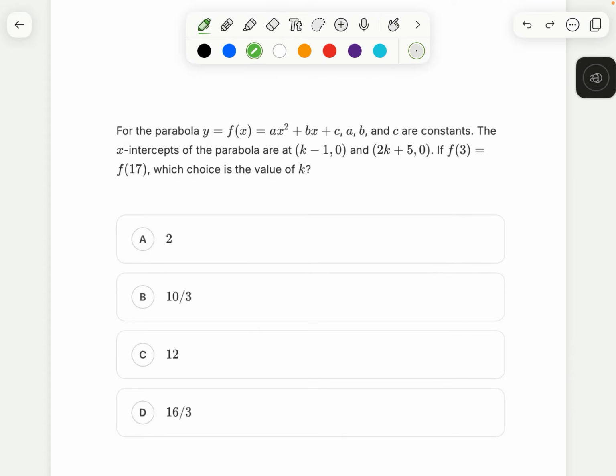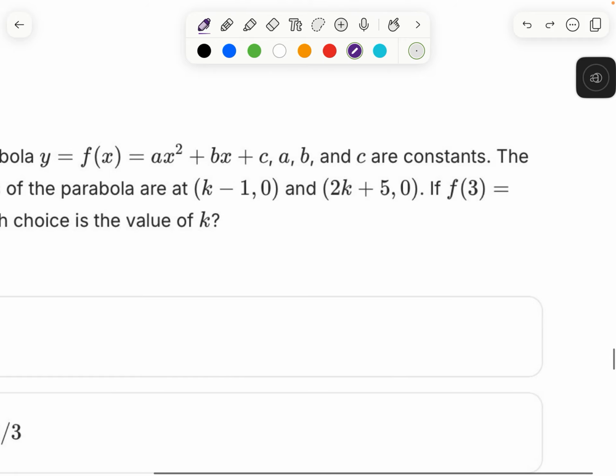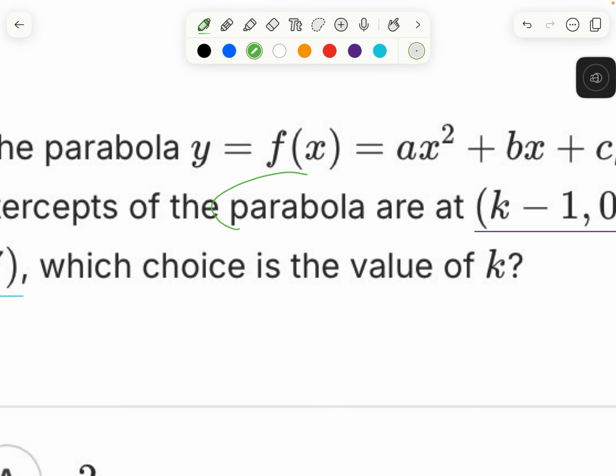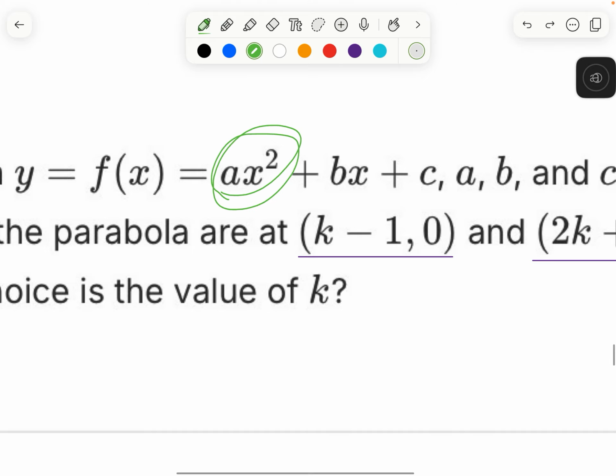Okay, so right away, a few things to look at. They give us the x-intercepts, k minus 1 and 2k plus 5. And they also tell us that f of 3 equals f of 17. Now, they also tell us that this is a parabola, but of course you should already know it's a parabola because it's a quadratic.